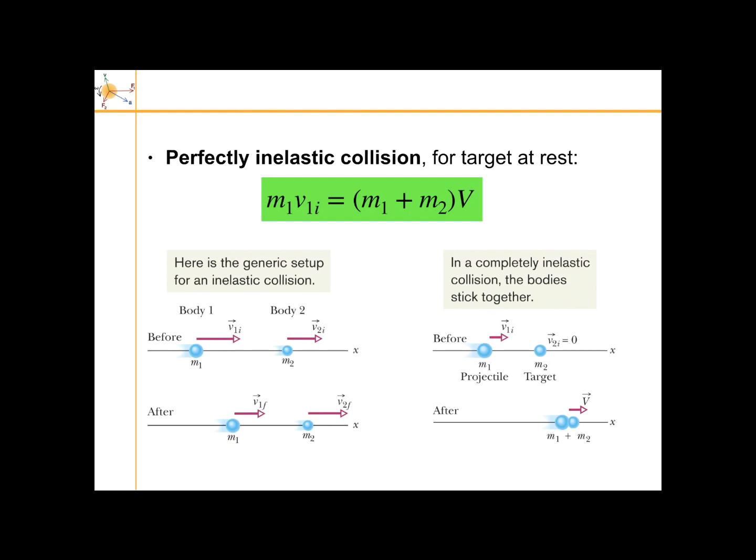And so here it is, this is the generic setup, where they're both moving. Then afterwards they're moving together. This is like a generic collision, but this is a collision where they completely stick together.